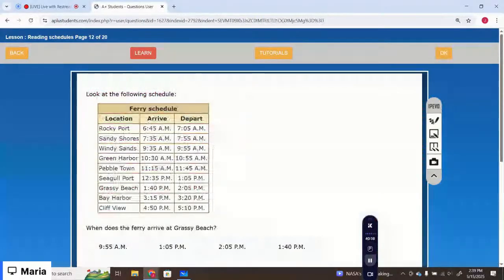Look at the following schedule. When does Perry arrive at Russell Beach?